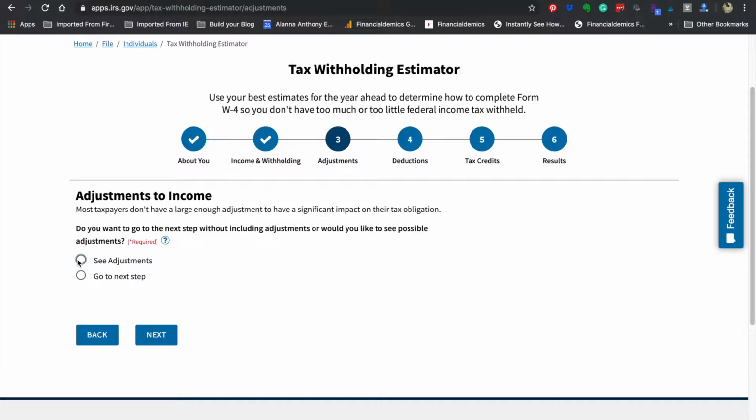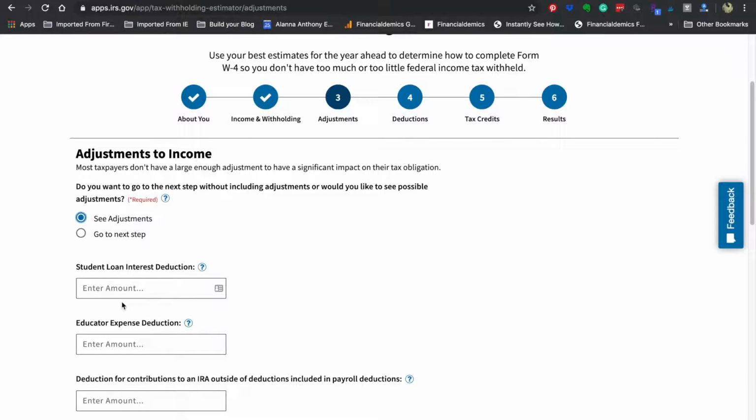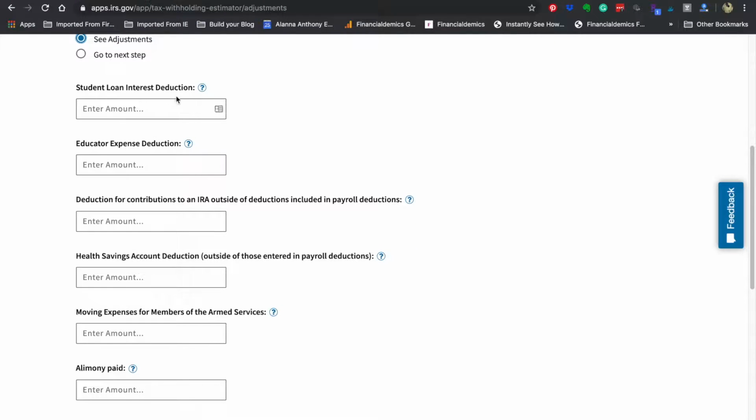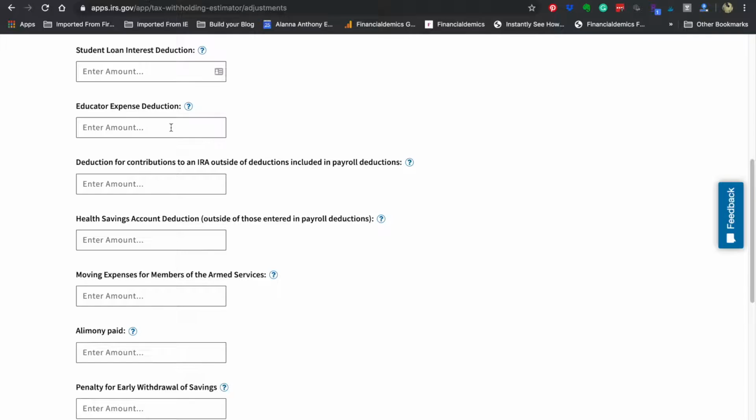But if you are a person who itemizes, this is where your previous tax return will come into play, because you can add your student loan interest deduction. If you're an educator, a teacher, then anything that you're paying for and you get to deduct from there, you can use the number from last year to estimate.